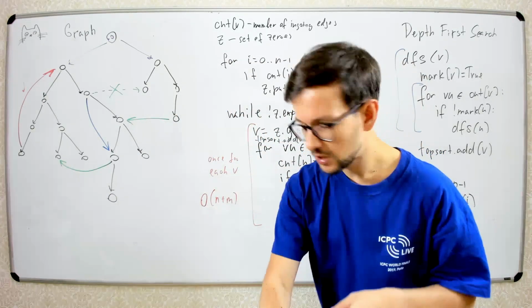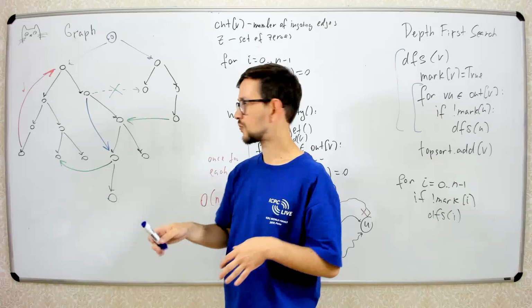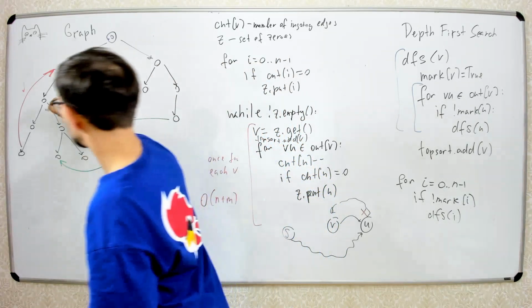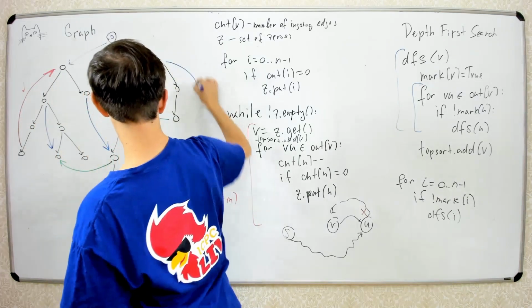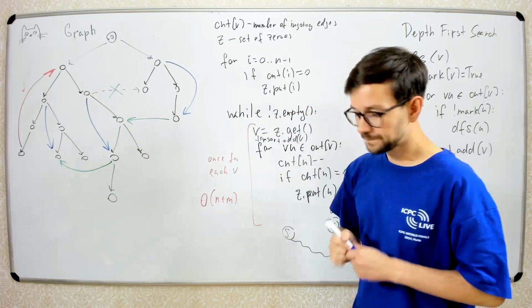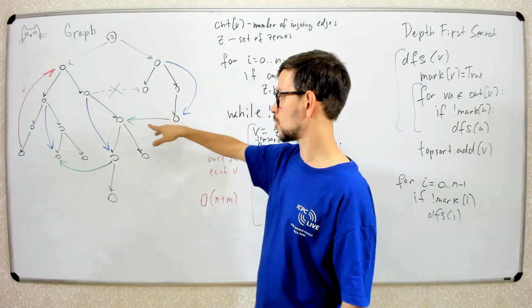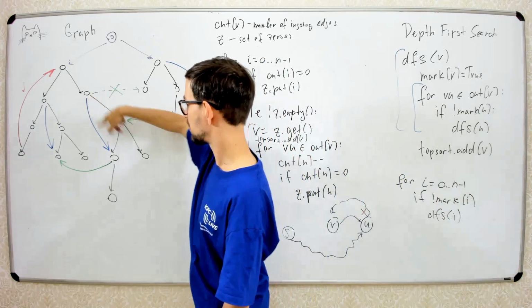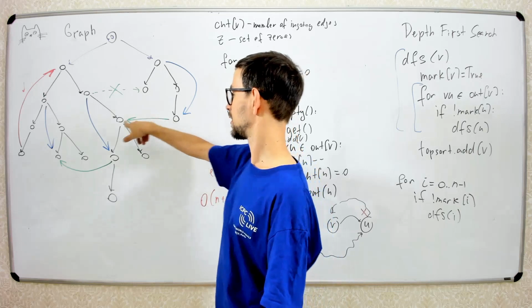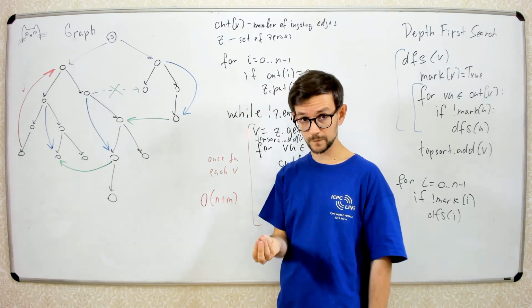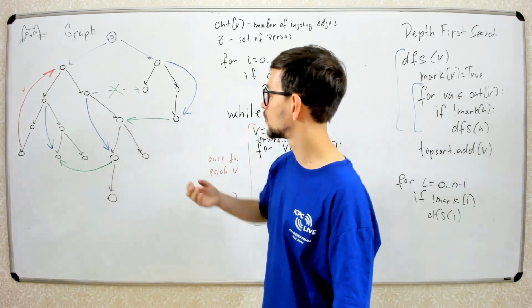If you only have these blue and green edges, I'm not sure if you see the colors, right? So if you only have edges of this and this type, so you only connect some ancestor to some predecessor, and some right to some left, then you can't have any cycles. It's easy to prove.